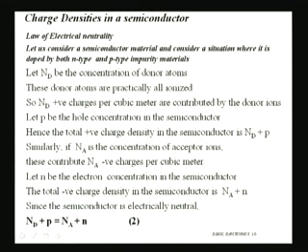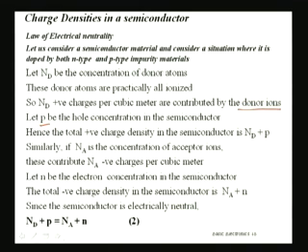These donor atoms are practically all ionized, and already we have seen that these will be positively charged donor ions. So we have Nd positive charges per cubic meter contributed by these donor ions, and let p be the hole concentration in the semiconductor.